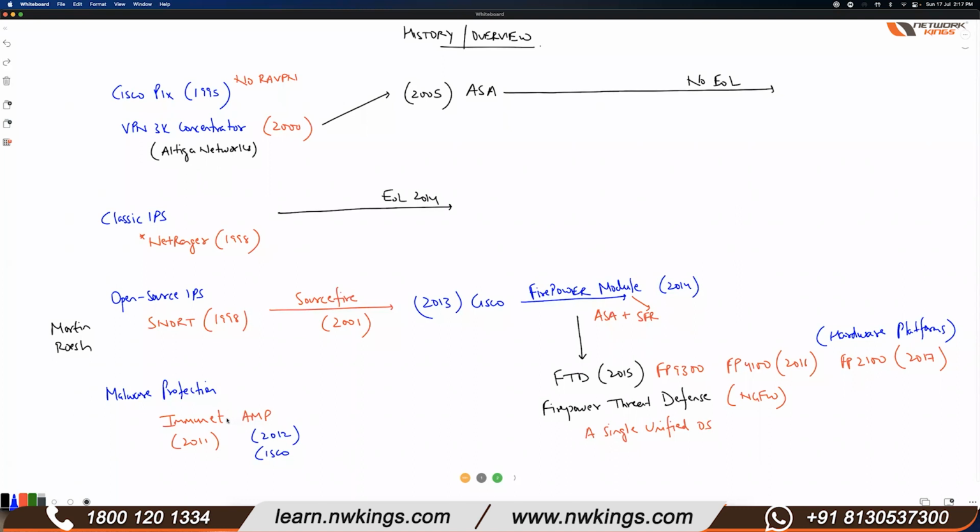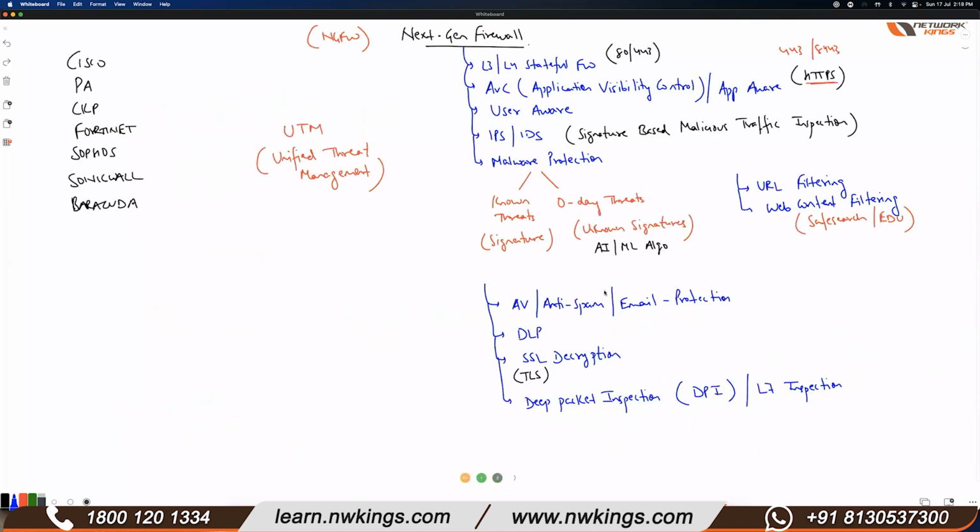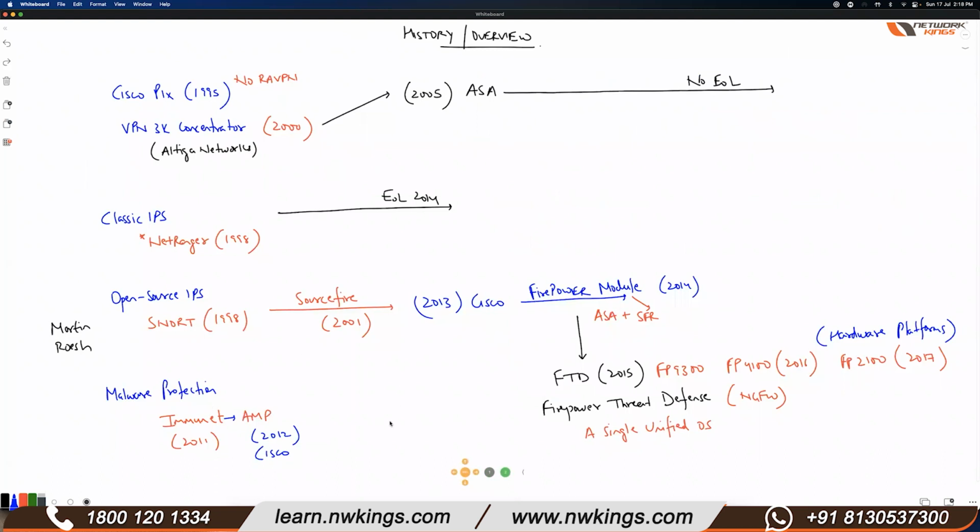Why did I mention this? Because when I mention malware protection, this is what Cisco uses, or what you'll see nowadays: Advanced Malware Protection. There are two variants of this. One is for network.